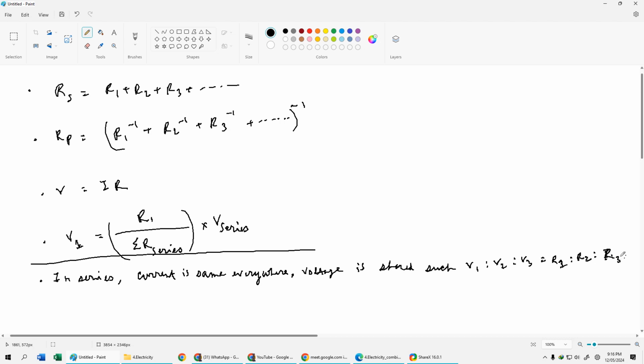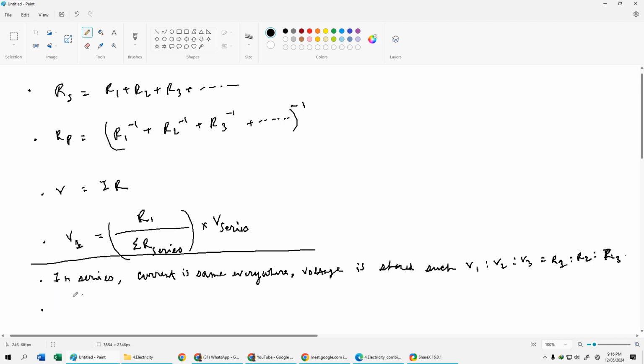So in a series combination the current is the same, but the voltage is shared across the series components in direct ratio of the resistances. If you have 2 ohm, 4 ohm and 6 ohm, then the voltage share ratio will also be 2:4:6. We can shorten this ratio, and from that point we can find the ratio that eventually gives us the value.